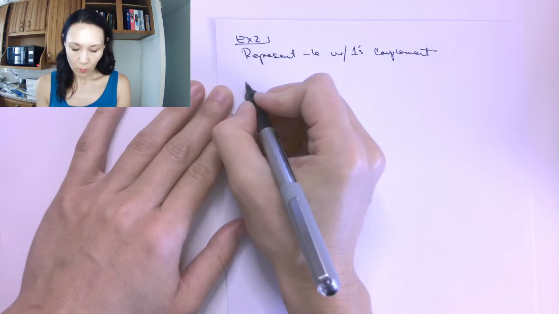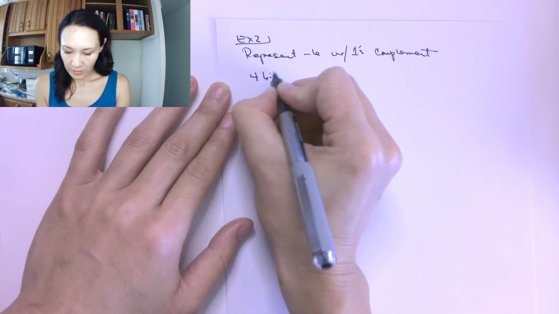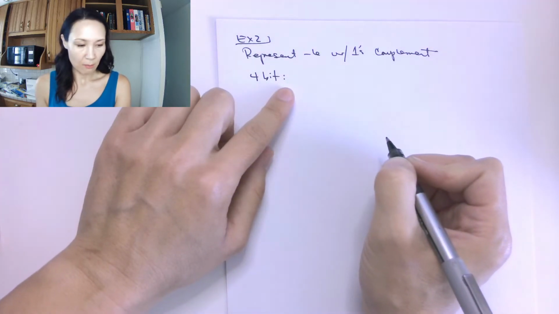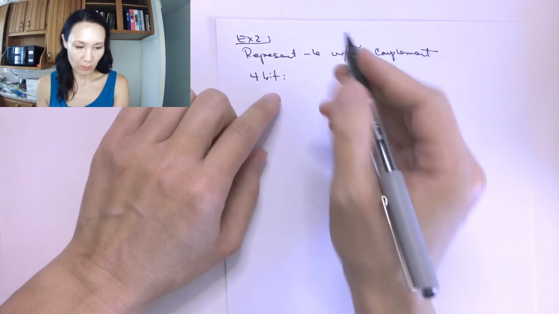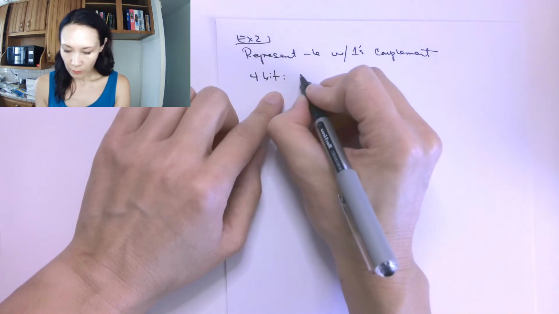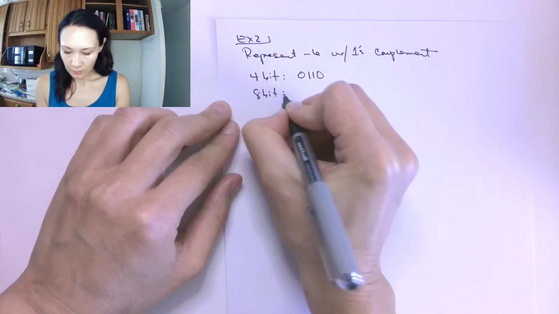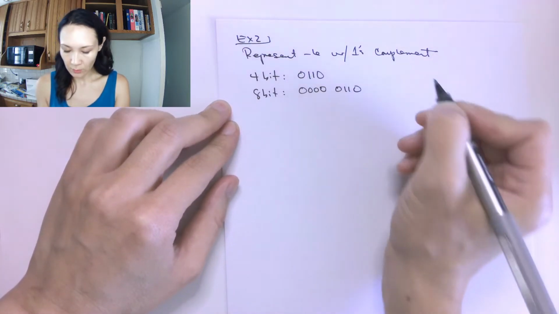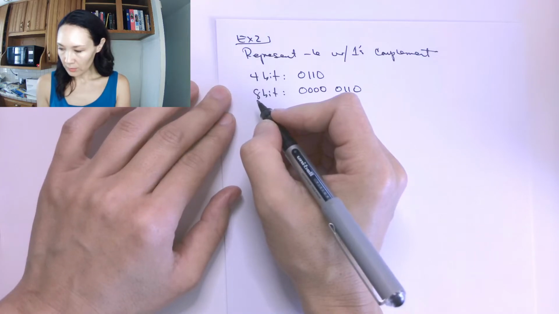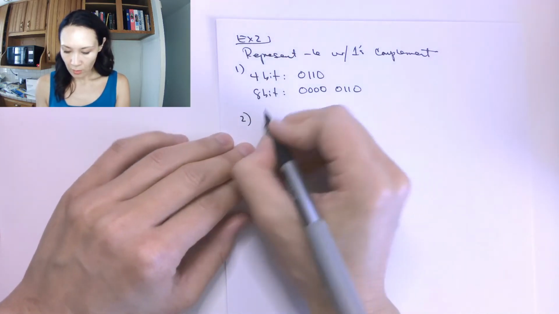Okay, so for ones complement, just like before, we have to write +6 with both 4-bit and 8-bit representations. So 4-bit again will be 0, 1, 1, 0. 8-bit will be 0, 0, 0, 0, 0, 1, 1, 0. And then what we're going to do is just invert all the bits.